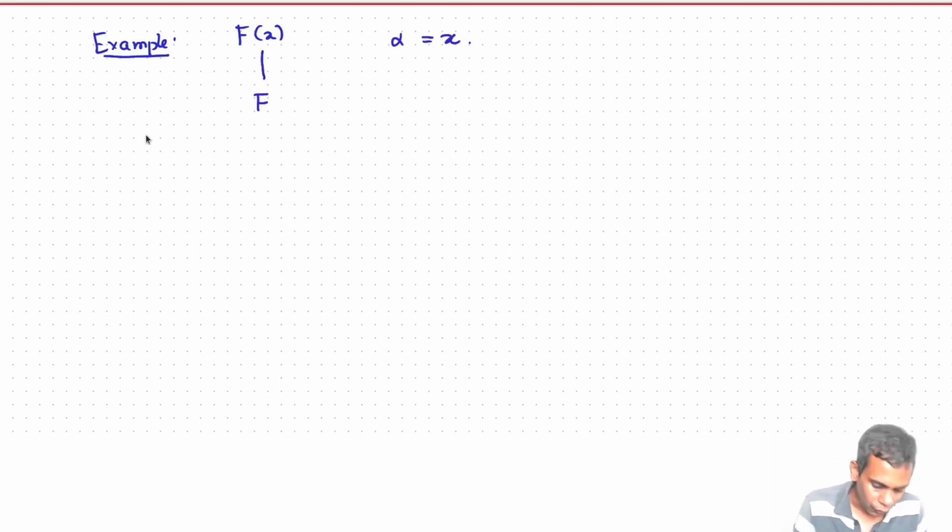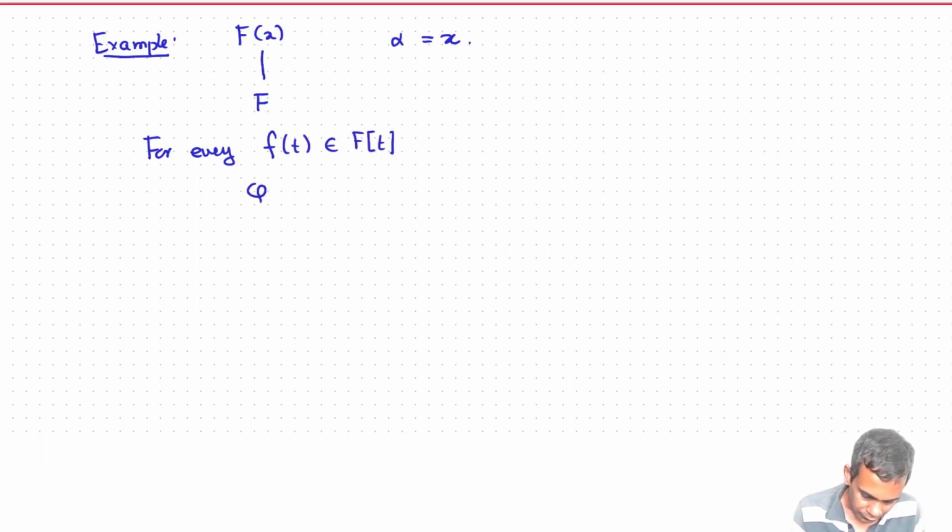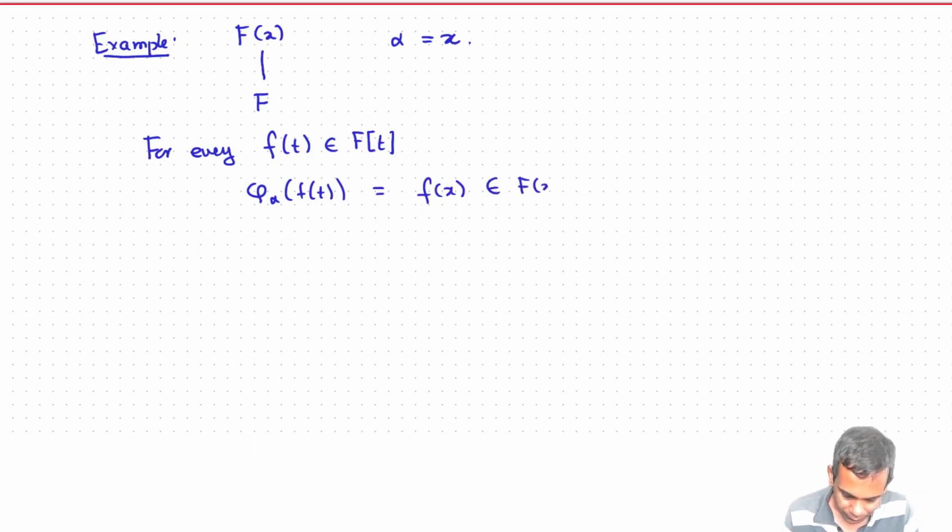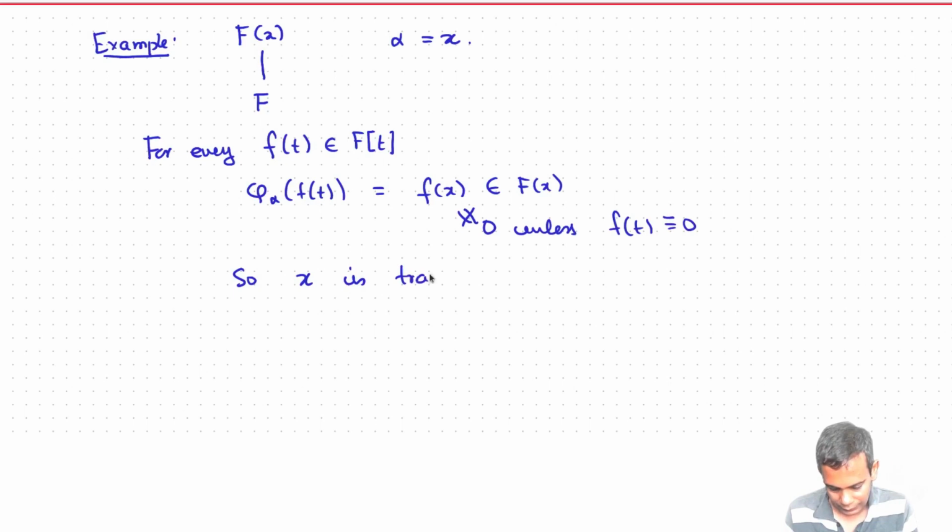Then for every polynomial f(t) belonging to F[t], phi alpha of f(t) is just, you're substituting x for alpha, and so this is just f(x), an element of F(x), and this is not equal to 0 unless f(t) is identically 0 as a polynomial, and so x is transcendental over F.